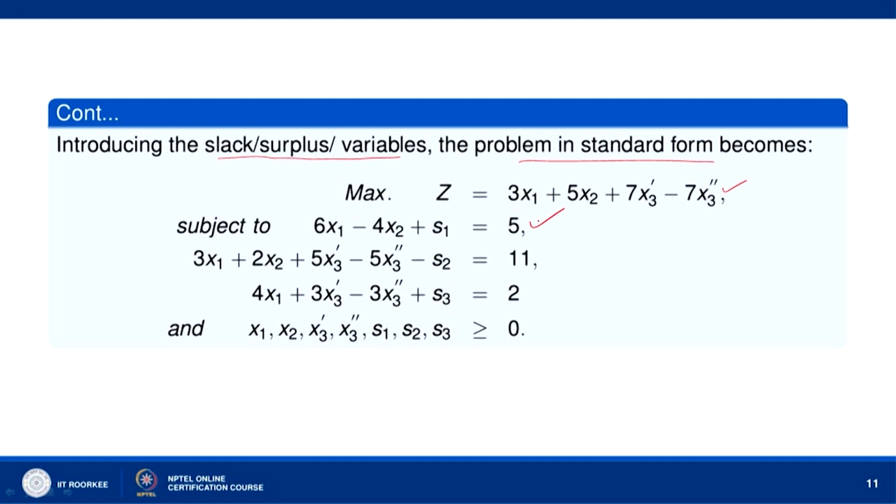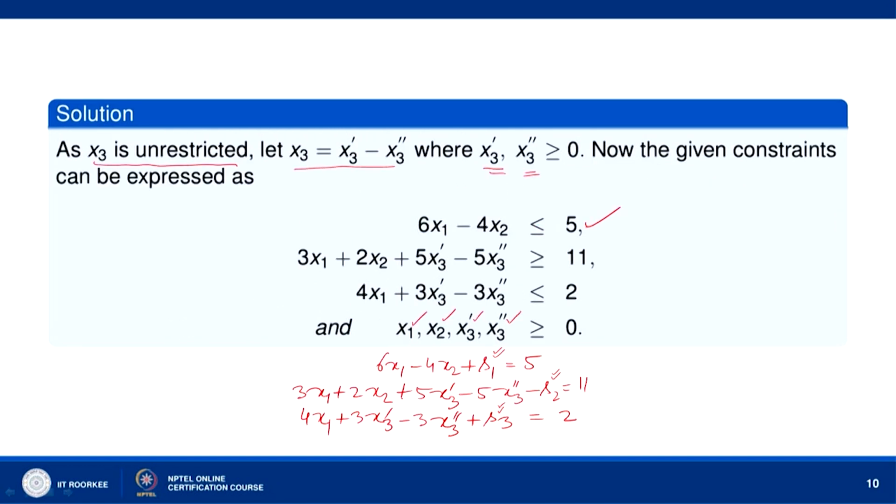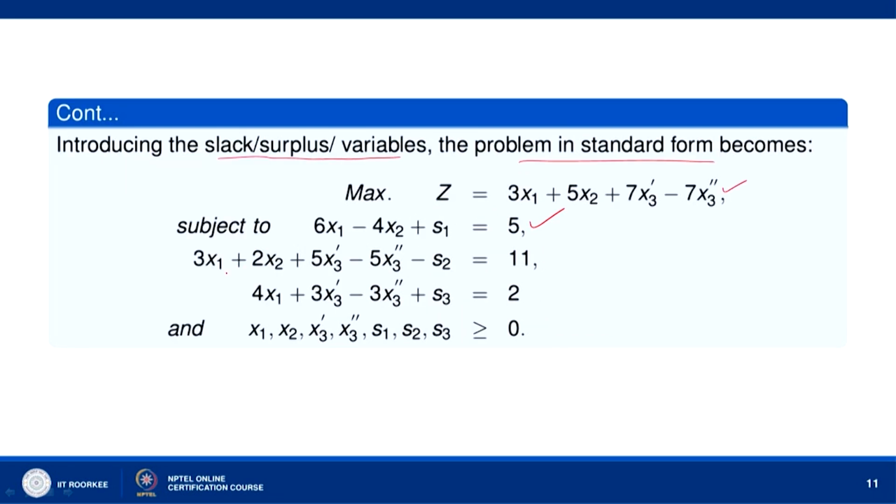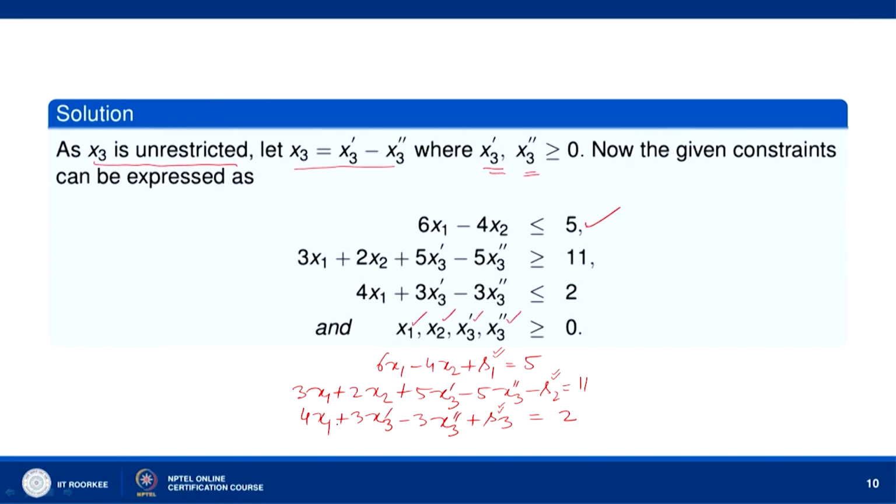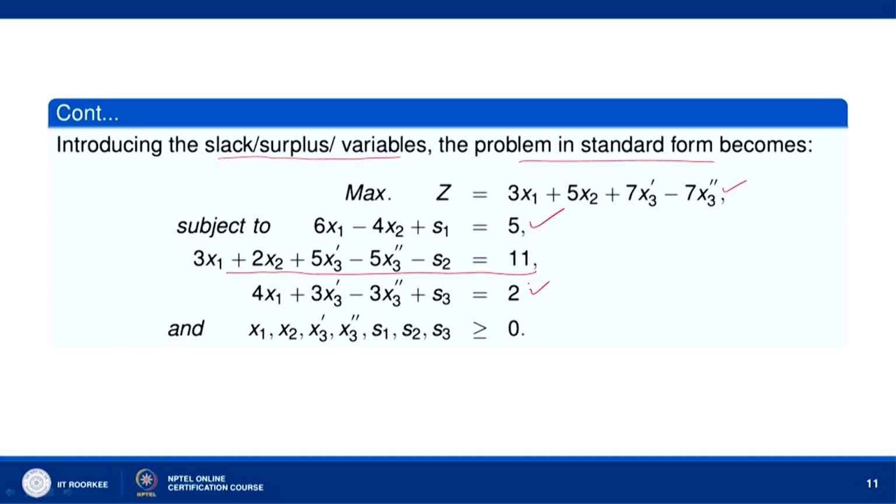Then 3x1 plus 2x2 plus 5x3 dash minus 5x3 double dash minus s2 equal to 11. And then the third equation, 4x1 plus 3x3 dash minus 3x3 double dash plus s3 equal to 2. And we have x1, x2, x3 dash, x3 double dash, s1, s2, s3 all greater than or equal to 0.